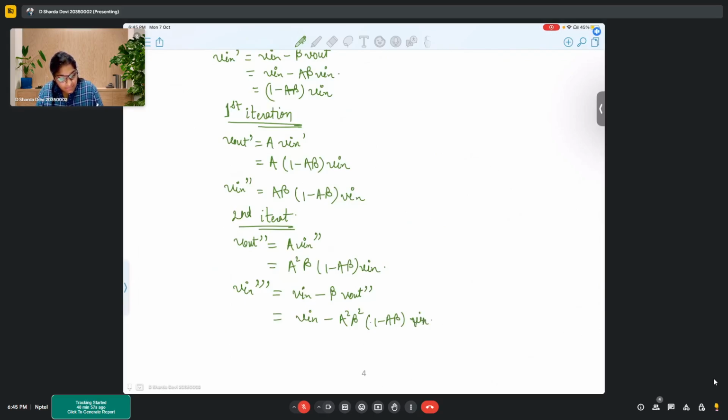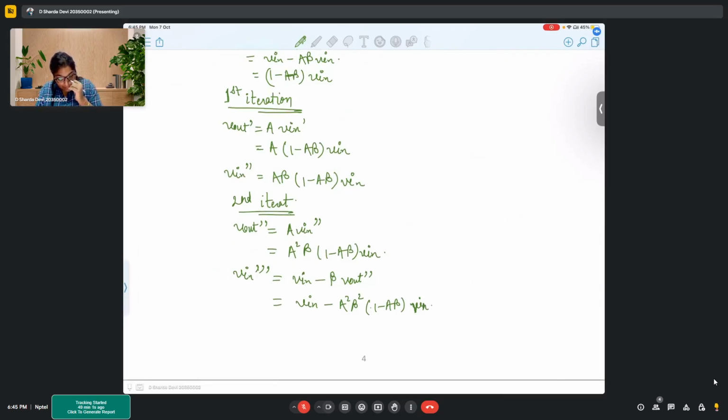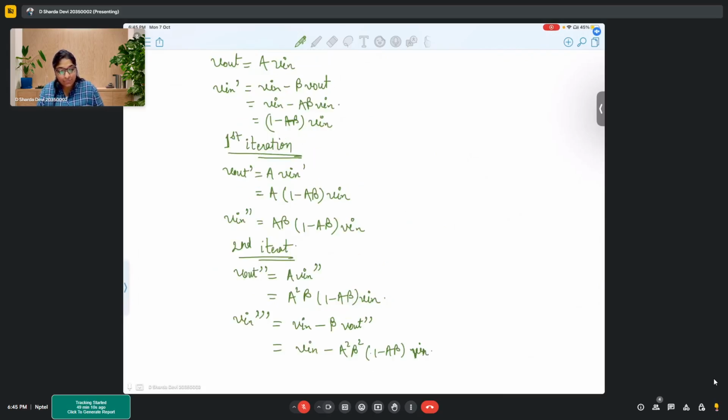So here what happens is, if you observe very carefully, your output is always reducing because of these negative values. And definitely this is true for all values of A into beta.